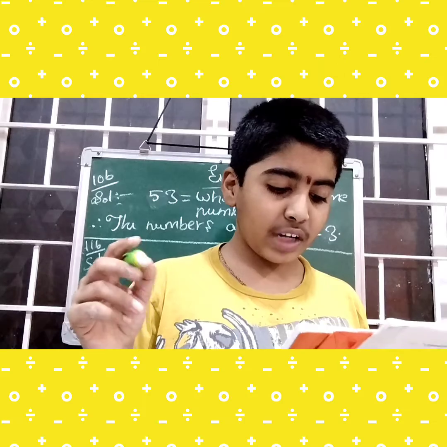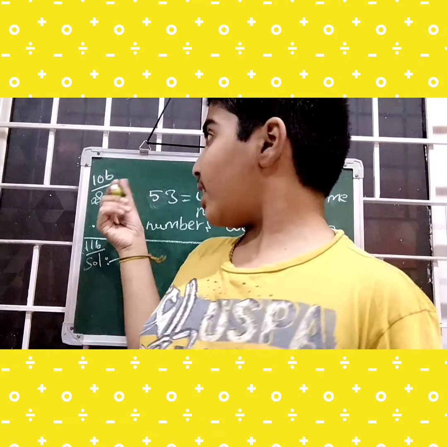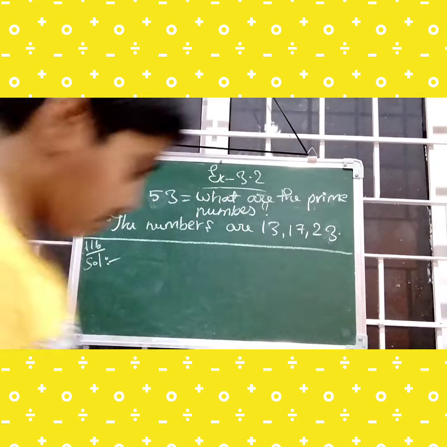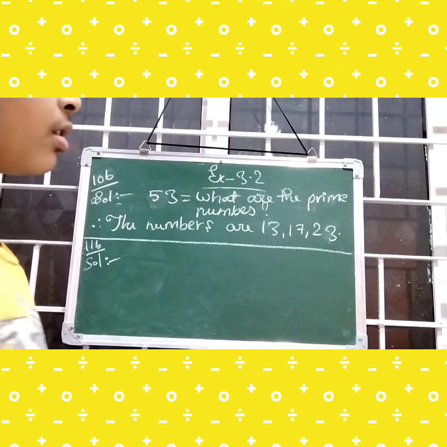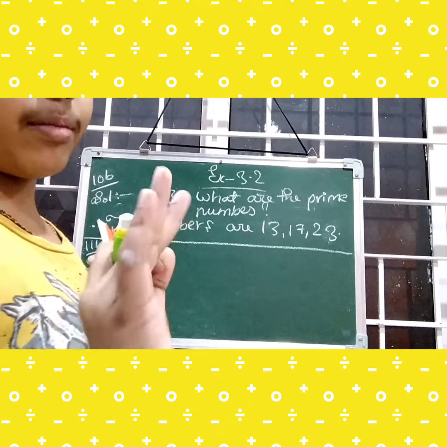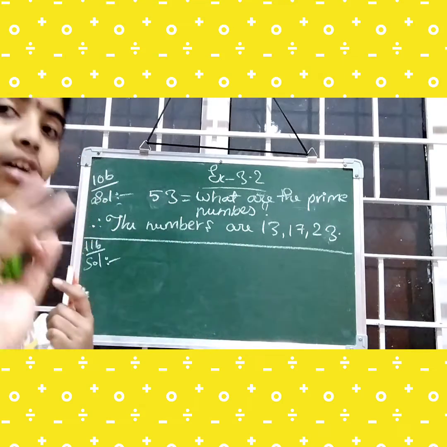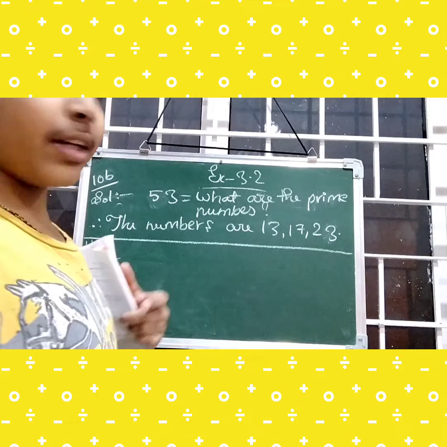So next, 11th one: write 2 prime numbers whose difference is 10. So here we did the addition, and in the 11th bit we have to do the subtraction. So let's do it. So for 10, what is the difference of 2 odd prime numbers?